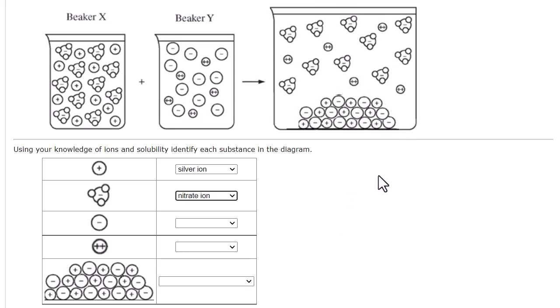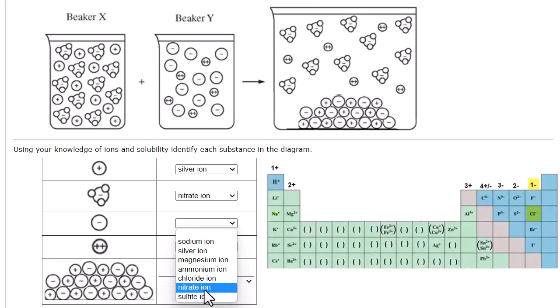Doing well. Now, we've got to identify these negatives. Well, there are quite a few substances with negative ions, with a -1 charge, anions, and sodium and silver, forget it. Magnesium's positive, ammonium's positive. Chloride has a -1. This isn't a nitrate because it's only 1 particle, and a sulfite is a -2. You've got to know your polyatomic ions.